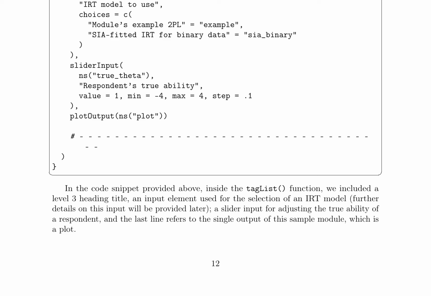This code snippet demonstrates the use of Shiny to create an interactive user interface for adaptive testing, allowing users to select different IRT models and adjust parameters in real time. The utilization of namespaces ensures that the UI elements are properly scoped within the application, preventing conflicts with other components. This interface can be used to visualize and interact with various IRT models, providing insights into respondent abilities and test performance.